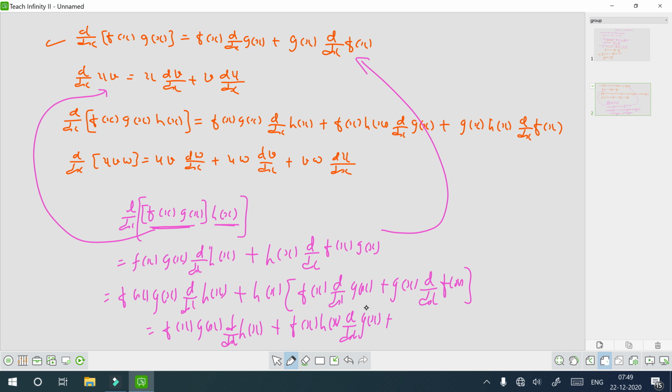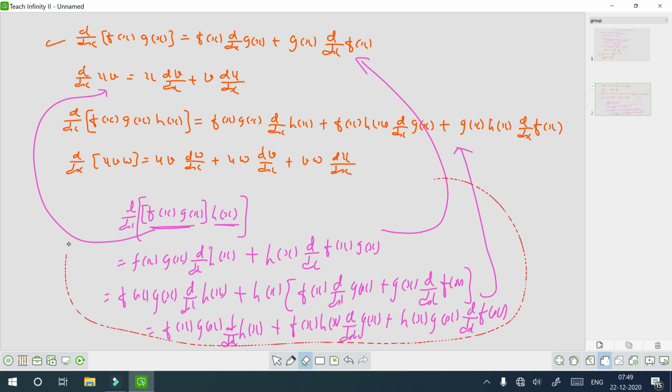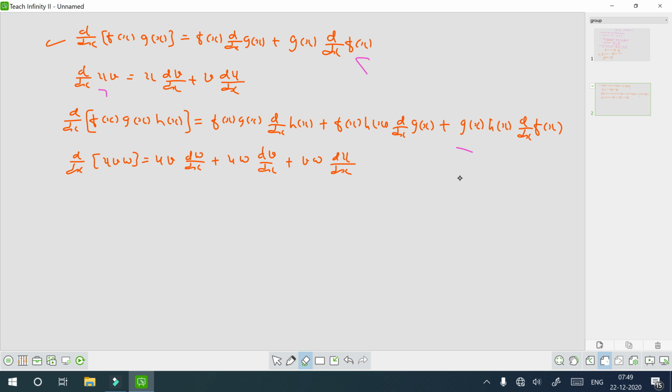Now hx and gx as it is, d by dx of fx. See, this is this rule. Yes or no? Yes. In this way we can prove it. But here we don't want to prove. This is only to know how we prove it.